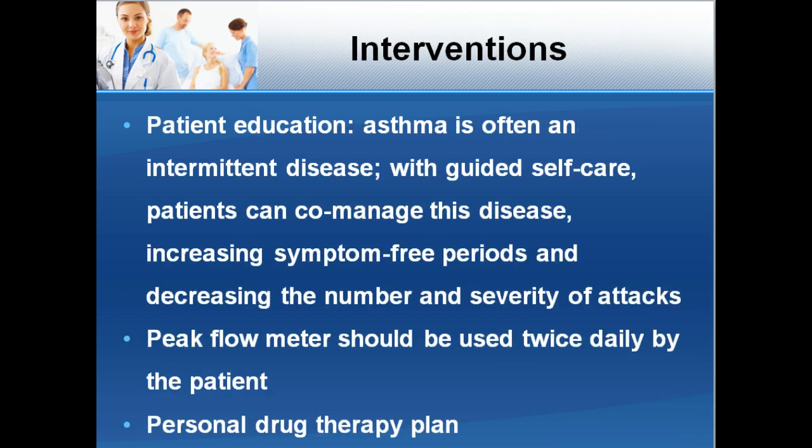For interventions, the most important intervention for a person that's asthmatic would be patient education. Asthma is often an intermittent disease with guided self care, which means that the patient is going to be taking responsibility for a lot of their behaviors and a lot of the things that they do.